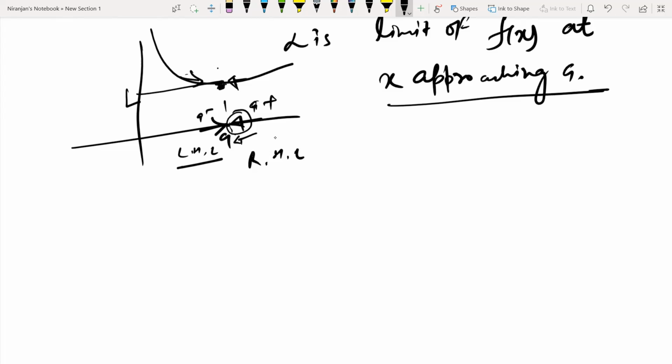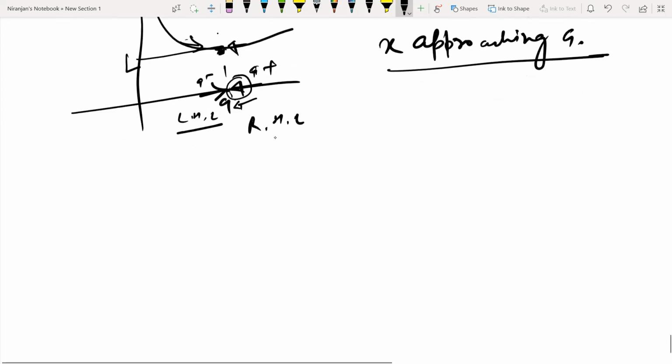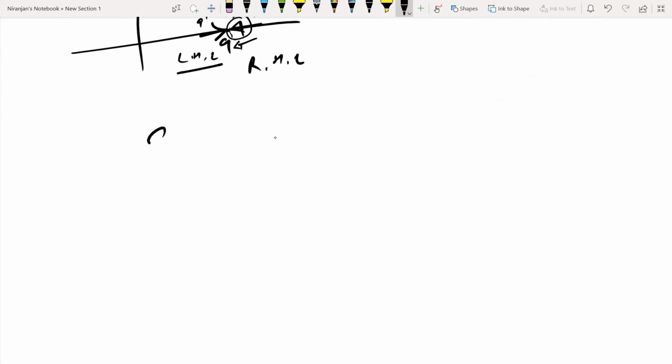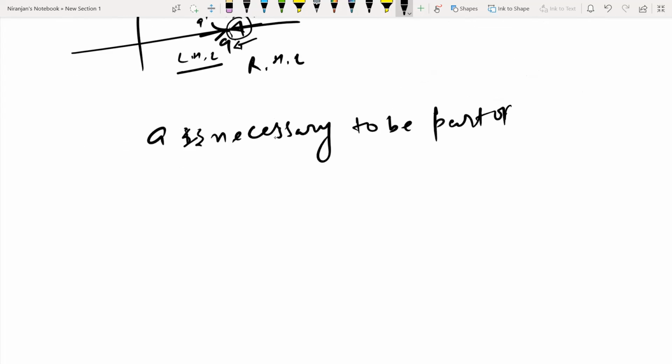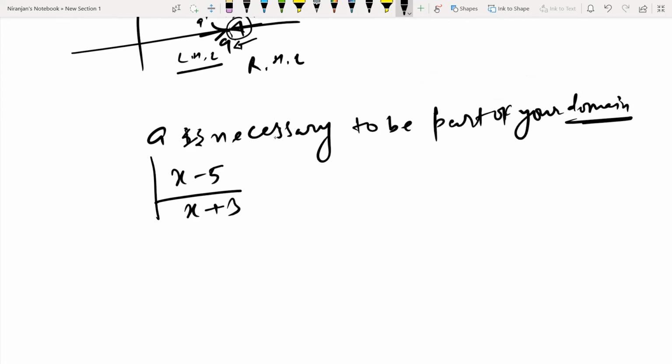I just want to make a concept very, very clear that people always get confused about. Your a is not necessarily part of your domain. So why am I saying this? Remember, we did an example, x minus 5 upon x plus 3, and we made the graph of this.